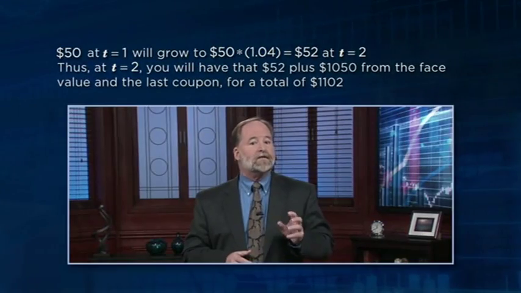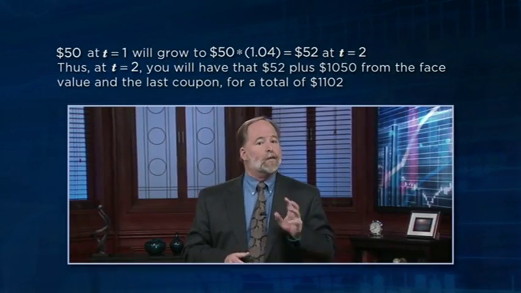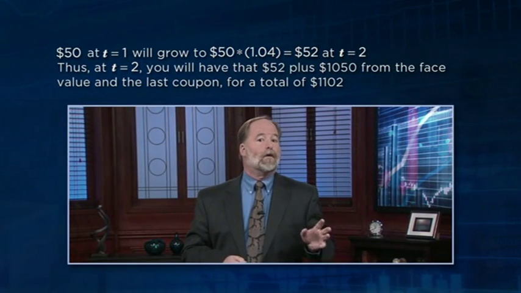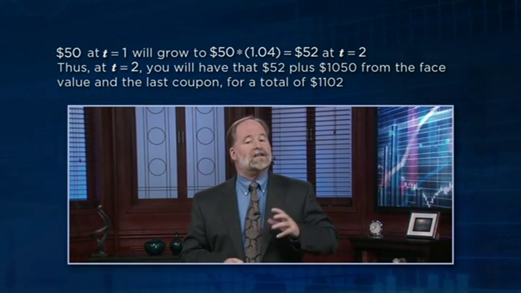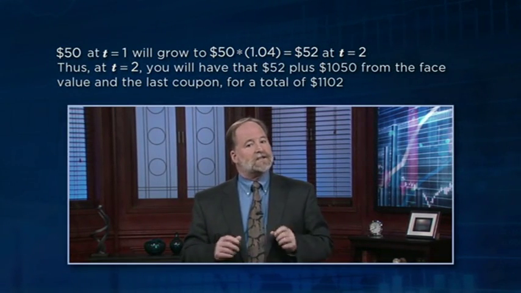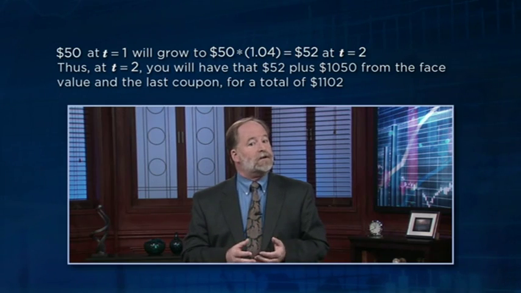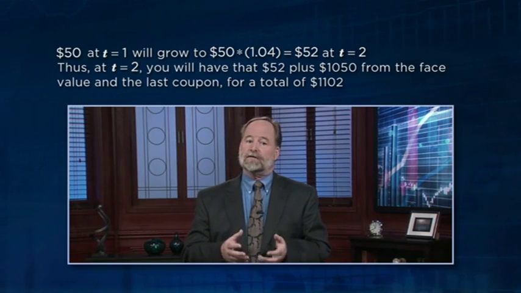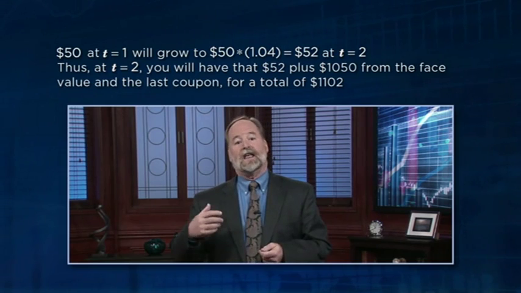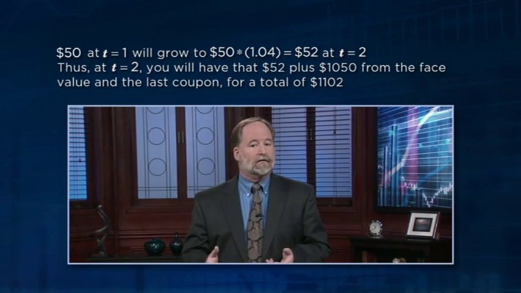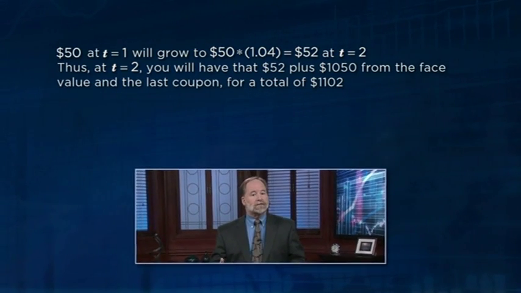To see this, realize that after 1 year, you'll get $50. At that time, if the yields have not changed, then you'll be able to invest that $50 at 4% for another year. That is, the $50 at t equals 1 will grow to 50 times 1.04, or $52 at t equals 2. Thus, at t equals 2, you'll have $52 plus $1,050 from the face value plus the last coupon, for a total of $1,102.